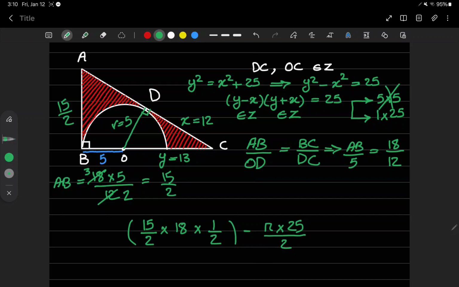And if you calculate everything here, the final result would be 135 minus 25 pi over 2, if you simplify everything here and here. So the red area is 135 minus 25 pi over 2.